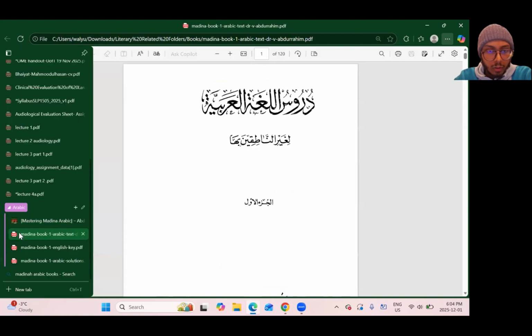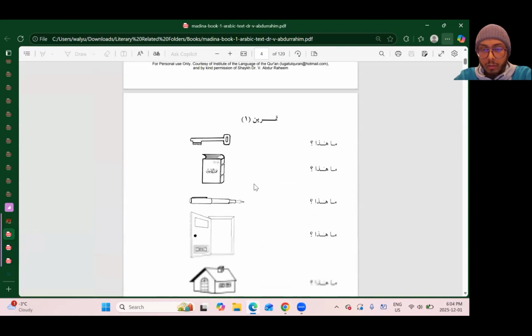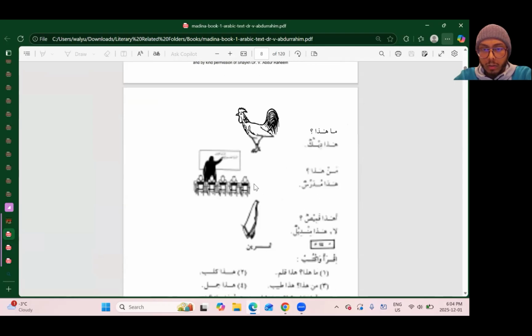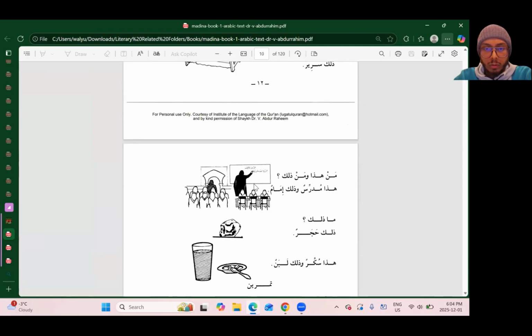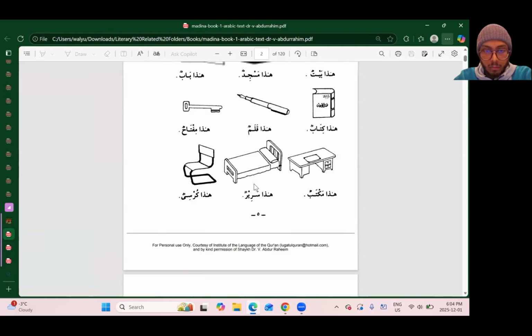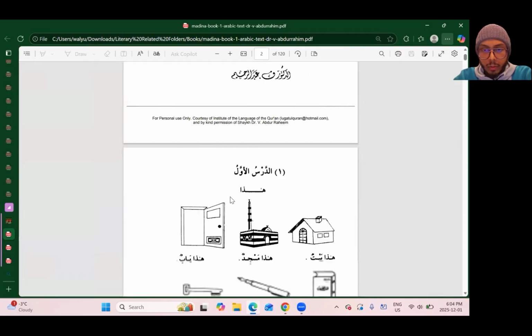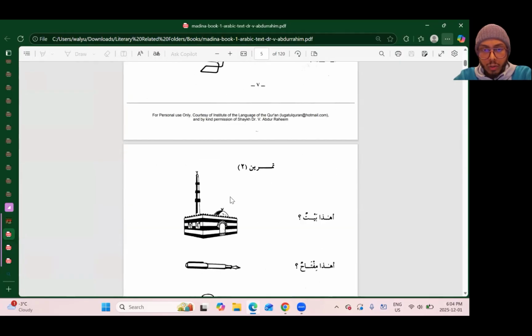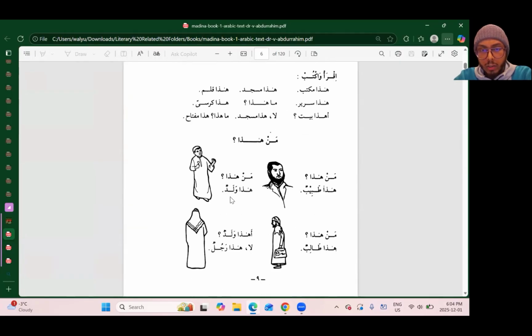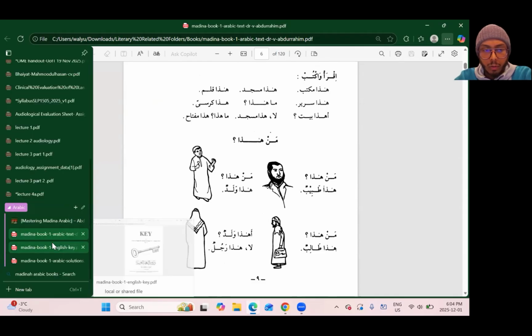So let me just give you a brief look at the individual textbooks. This is the actual textbook, the one that's really necessary. It's all in Arabic. There are newer versions in smaller sections that are made for children, or they have English instructions and stuff like that.